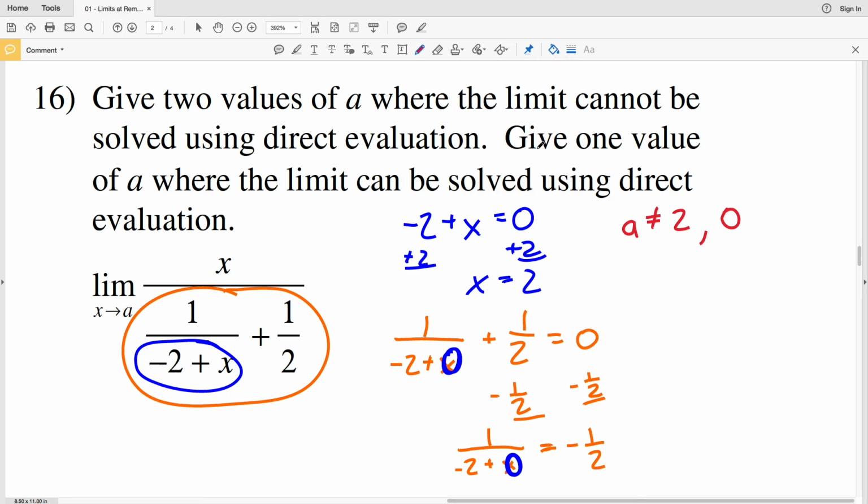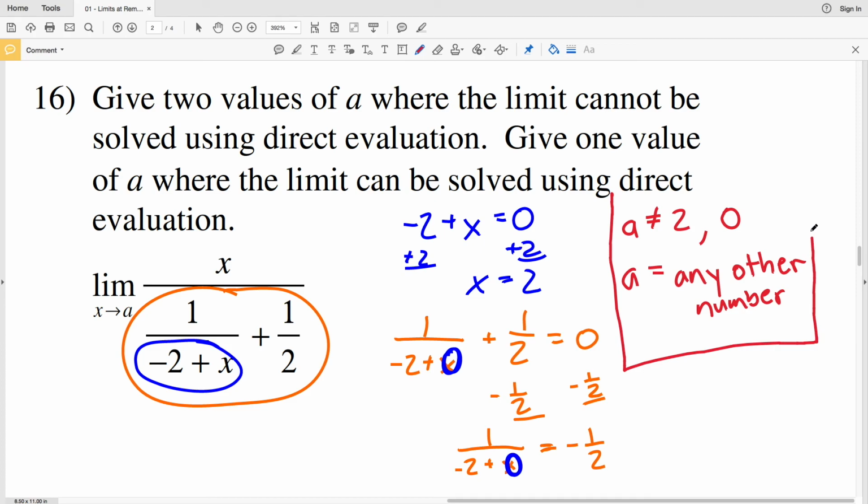It says to give one value of a where the limit can be solved, but in all honesty, a can equal any other number. So we can pick a number such as 5. We can pick a number such as -30, and so on. So a cannot equal 2 and 0, but a can equal any other number.